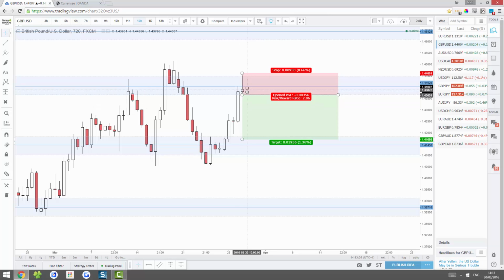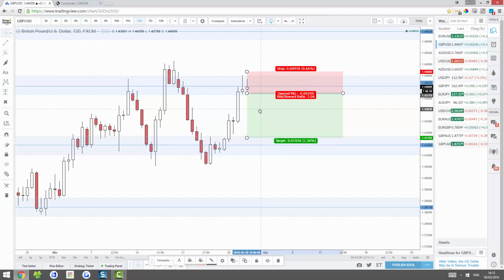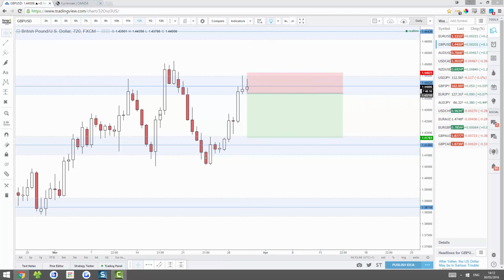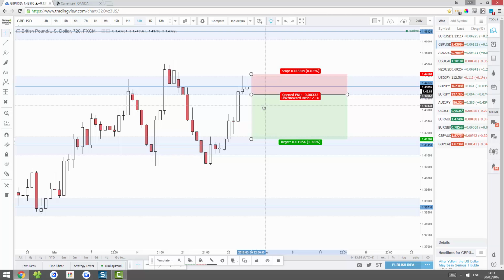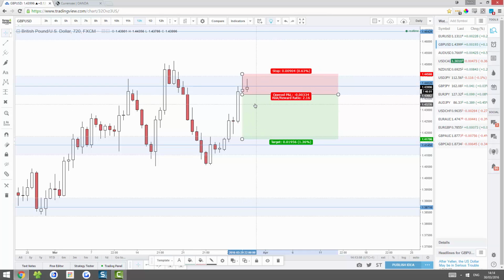Now, if this current candle closes like it is now, you might be able to play around with your entry, get in a bit earlier. Stop loss should stay the same. Stop loss is based on recent highs for me. So that's the most recent high, and that's where I would want my stop loss. Entry should probably be based on this candle because that's more of a significant low.